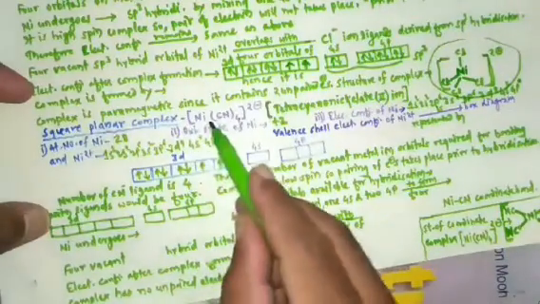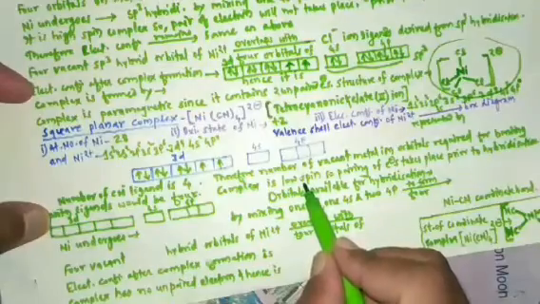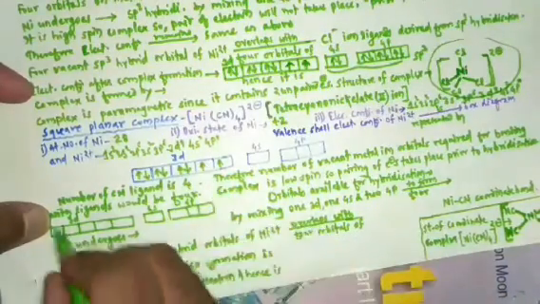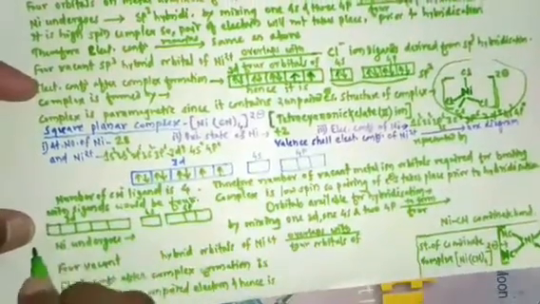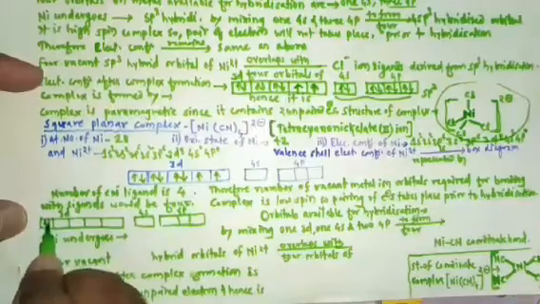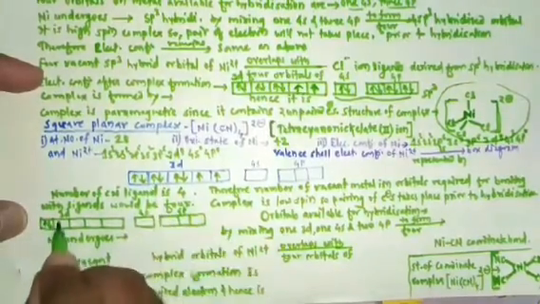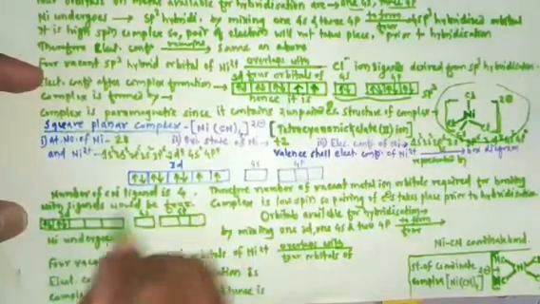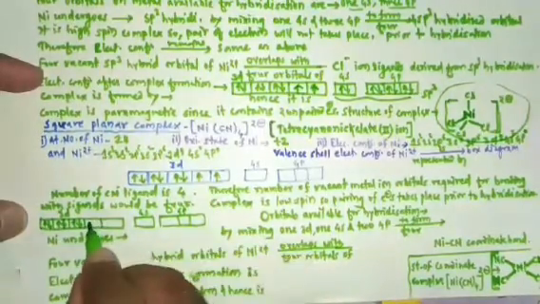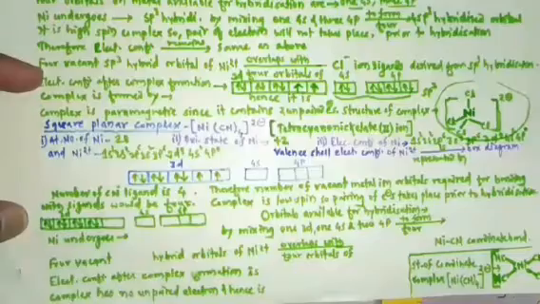This complex is low spin, therefore pairing of electrons takes place. These electrons get paired. That's why the electronic configuration now becomes like this: 2 electrons here, 2 electrons here, again 2 electrons, and these 2 electrons get paired here.